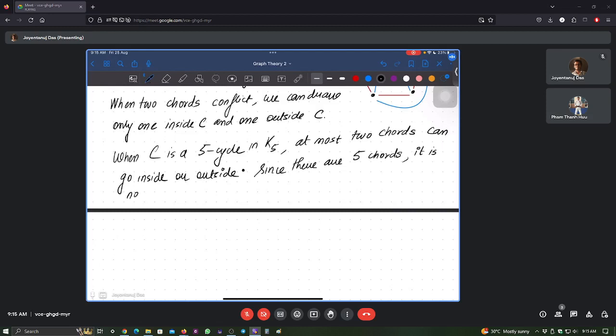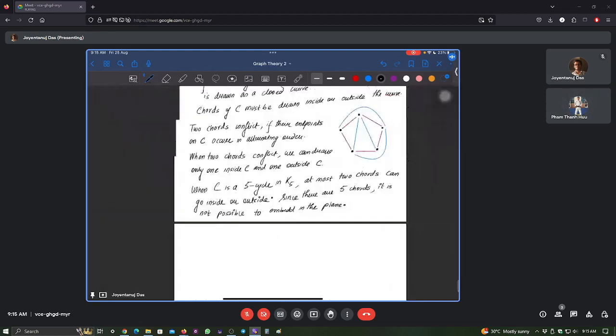So it is not possible to embed K5 in the plane.